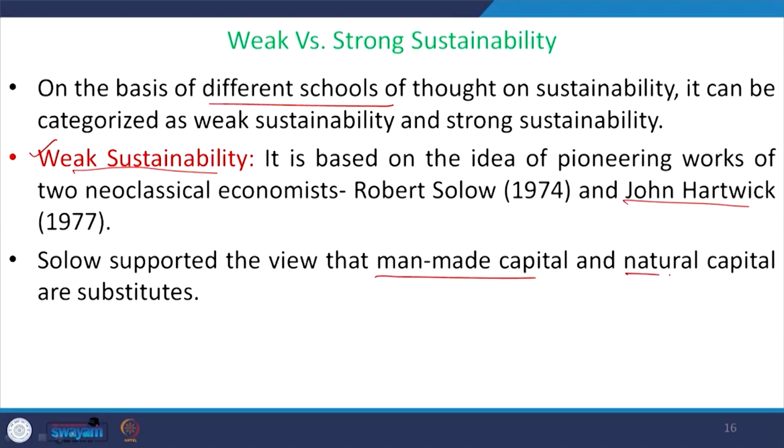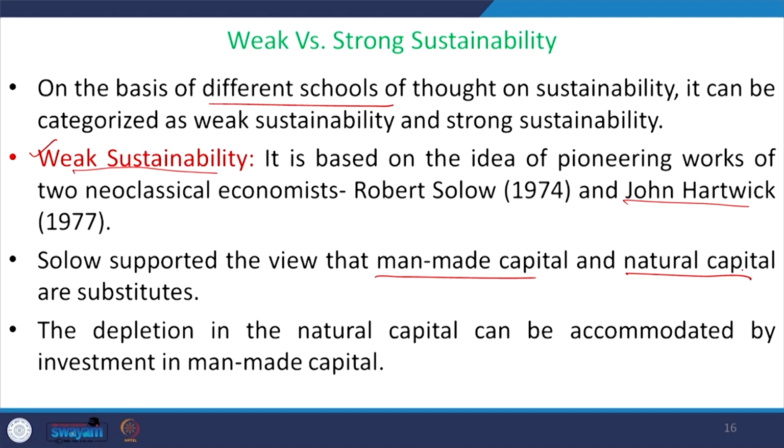So, the very idea of weak sustainability is that man-made capital and natural capital are substitutes. That means if the amount of natural capital is decreasing, then we can increase the man-made capital in order to substitute it, to fill the gap of natural capital, and this is possible.